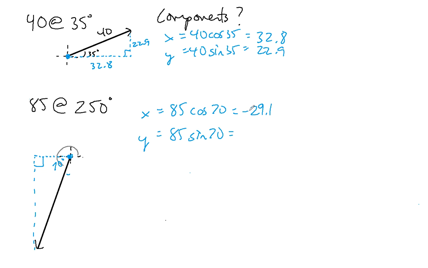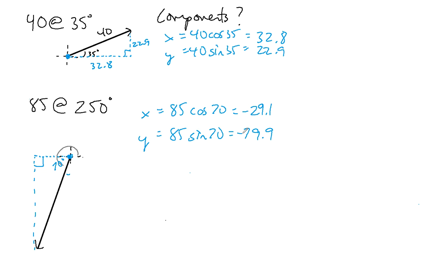For the y component, I've got 85 sine 70, and I get 79.9, and it's going down, so that one would also be negative. So those are the x and y components of that vector.